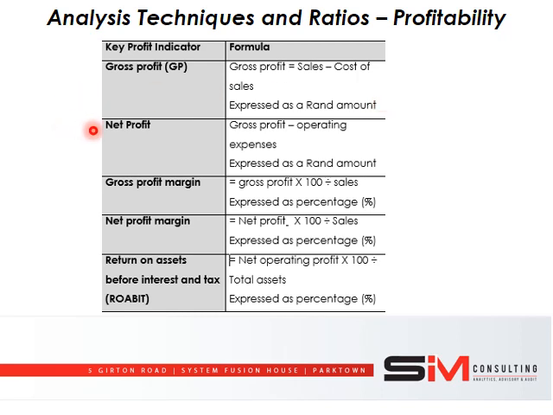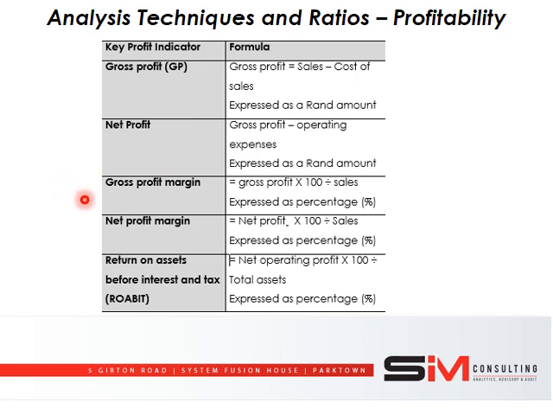Secondly, I want us to look at the net profit. The net profit is derived from the following formula. The formula for net profit is gross profit minus operating expenses. And this as well must always be expressed in terms of rand value amounts.